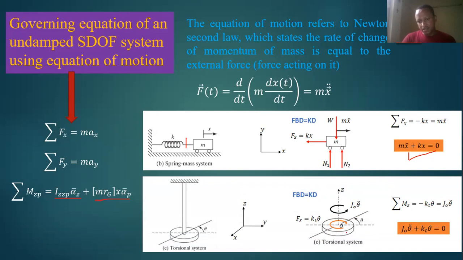For the torsional system also, this is the free body diagram. This disk is rotating like this, and we have J naught theta double dot, that is the rotational mass times theta double dot, and then the torsional stiffness T times the angle of torsion theta.